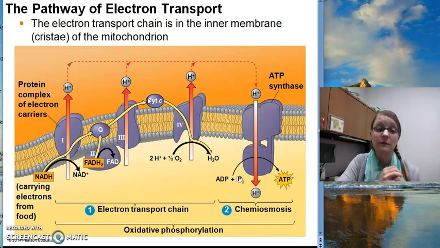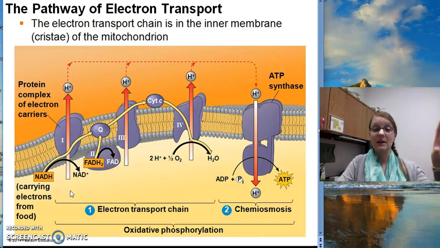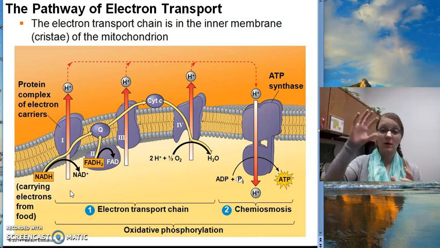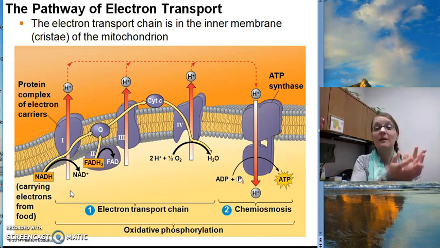So if you take a look at where NADH and FADH2 are in the lower left-hand corner, they're going to drop off their electrons at the first series of protein complexes, and then the electrons are just going to move all the way through, bouncing all the way down until they end up at the very bottom of that electron transport chain in the lap of oxygen.